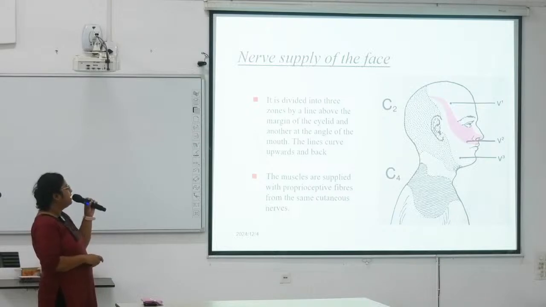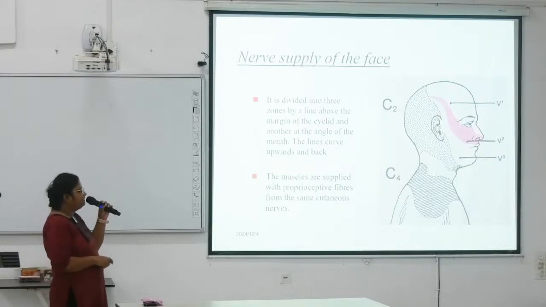So this upper area above the upper line is supplied by the ophthalmic division. This pink area is supplied by the maxillary division, and this area is supplied by the mandibular division of the trigeminal nerve, and they are supplied according to their development.